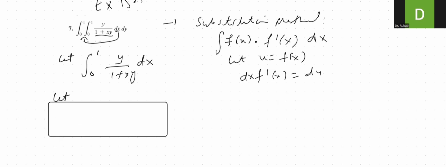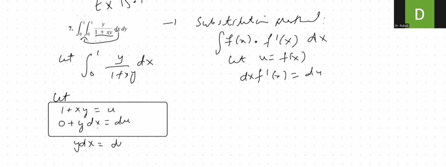Then 1 plus xy is u. Then we take the differential. The differential of 1 is 0. y remains the same and the differential becomes dx, and this is du, right? And what we get from this calculation is y dx equals du, right?